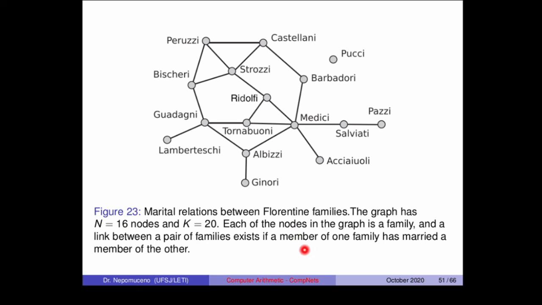Each of the nodes in the graph is a family, and a link between a pair of families exists if a member of the family has married a member of the other. So, for example, the Pucci family, no one of this family has married with another family here. On the other hand, the Medici family got married with many families around them.